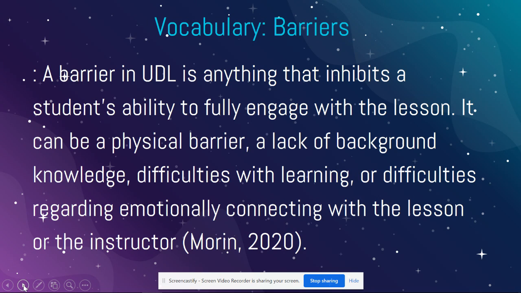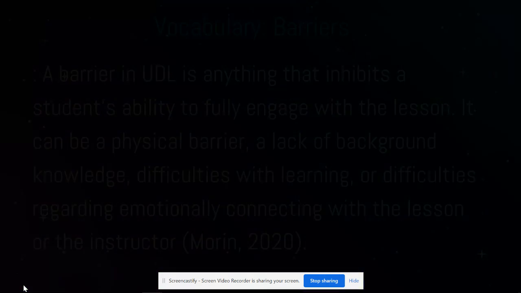The final vocabulary word that we will be talking about is barriers. A barrier in UDL is anything that inhibits a student's ability to fully engage with the lesson. It can be a physical barrier, a lack of background knowledge, difficulties with learning, or difficulties regarding emotionally connecting with the lesson or the instructor.